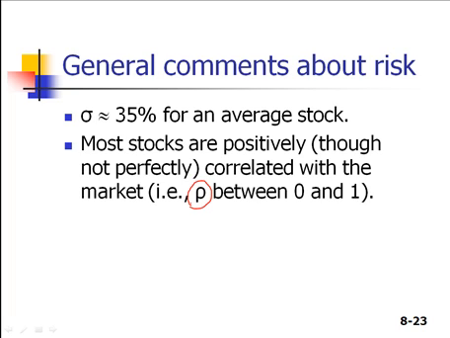And in the real world, for any given stock, or any two given stocks, I should say, most of the time the correlation is going to be on the positive side. Now, it won't be at the extreme. It won't be perfectly positively correlated. That would be a coefficient of 1. But a coefficient of 0.5, or in the neighborhood of that, give or take a little, would not be unusual at all.